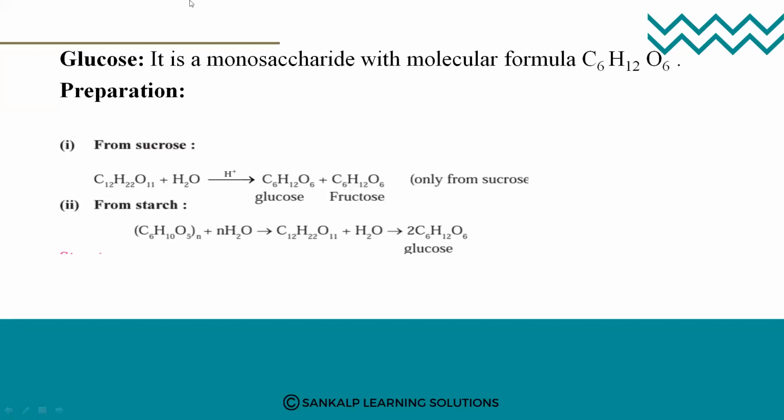What is monosaccharide? The other name of glucose is grape sugar. What is the other name of glucose? It is grape sugar. Where is this glucose present?